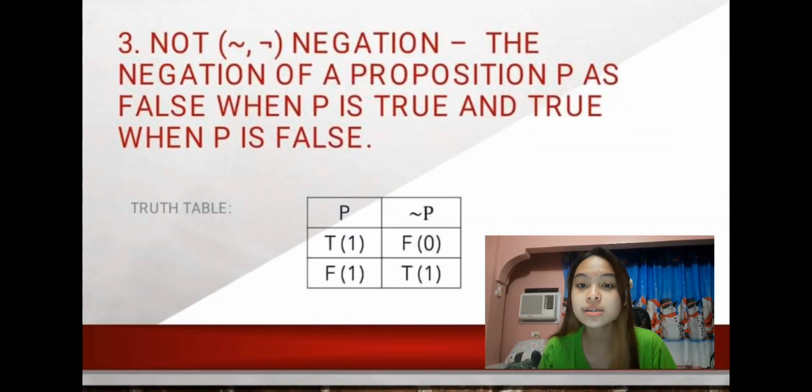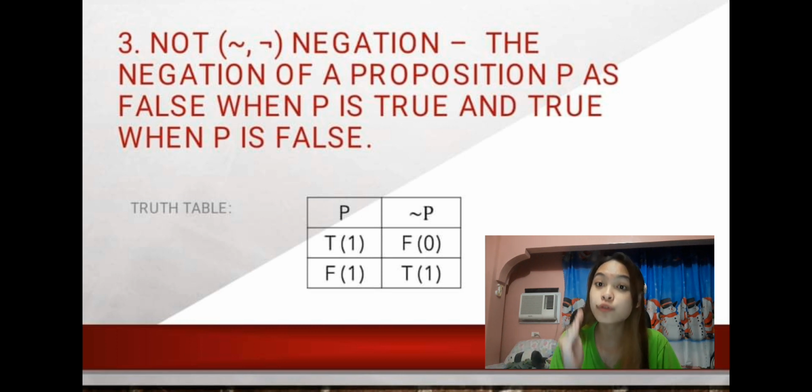Next is not, or the negation. The negation of a proposition P is false when P is true and true when P is false. So it is just the opposite of the first variable, P itself.